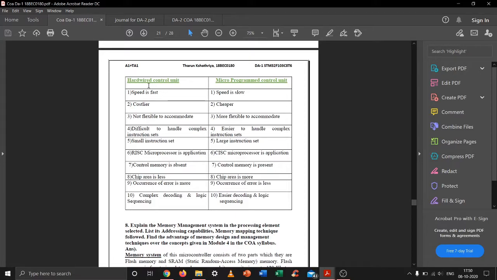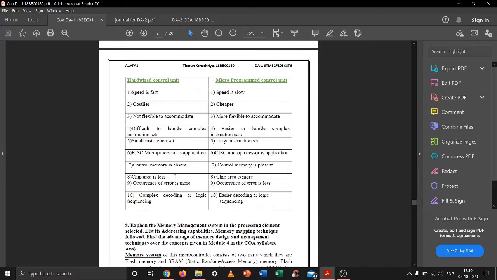These are the differences between hardwired control unit and microprogrammed control unit. Speed is fast, speed is low; costlier, cheap; non-flexible to accommodate, more flexible to accommodate; difficult to handle complex instruction sets, easier to handle complex instruction sets; small instruction set, large instruction set. RISC microprocessor is the application.